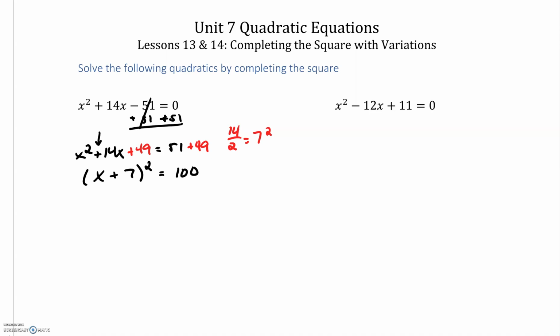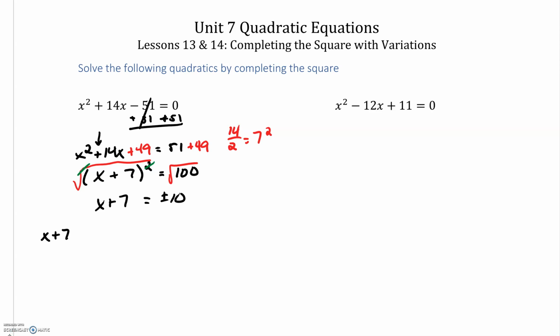Now I can solve by taking square roots. I take the square root of the left and the square root of the right. I'm taking the square root because that square root cancels the squared. I'm left with x plus 7 is equal to the square root of 100, which is both positive and negative 10. Here's where I need to break up my equation.